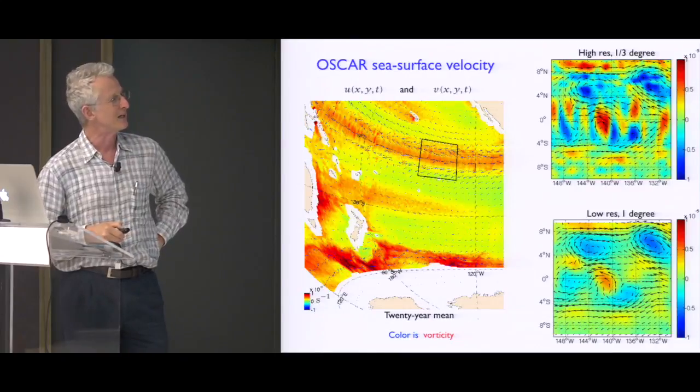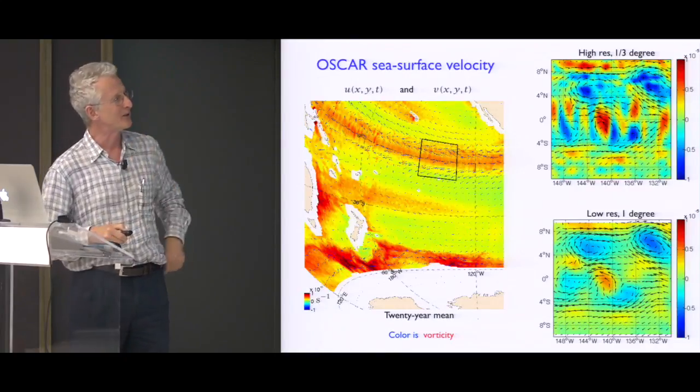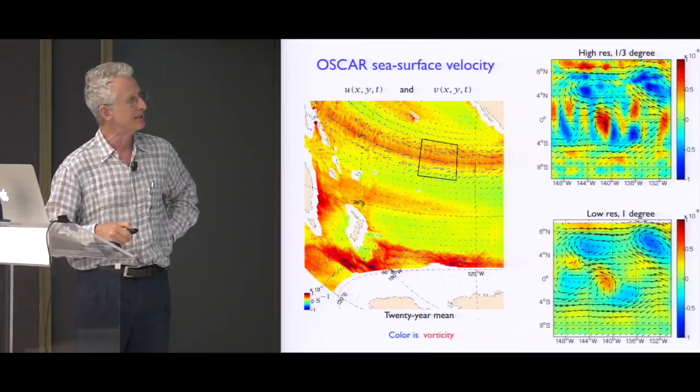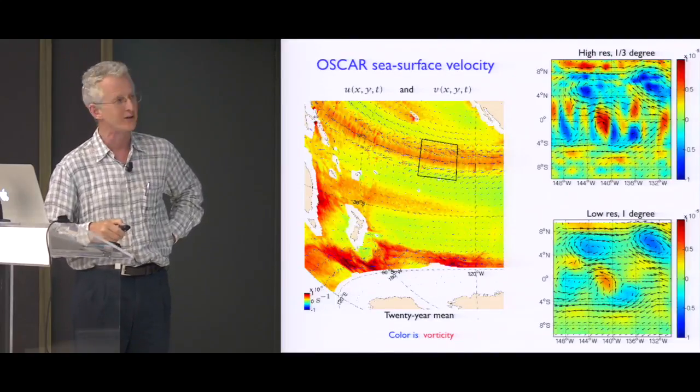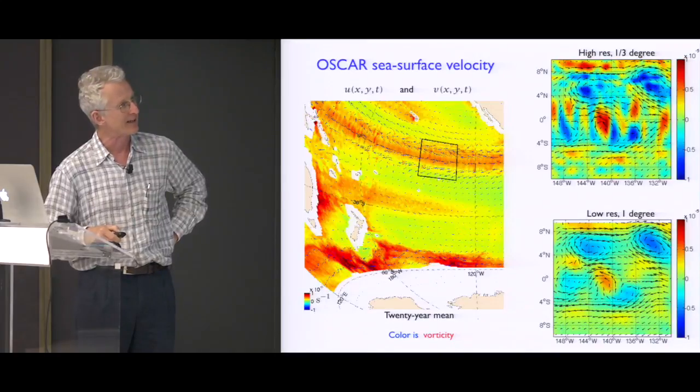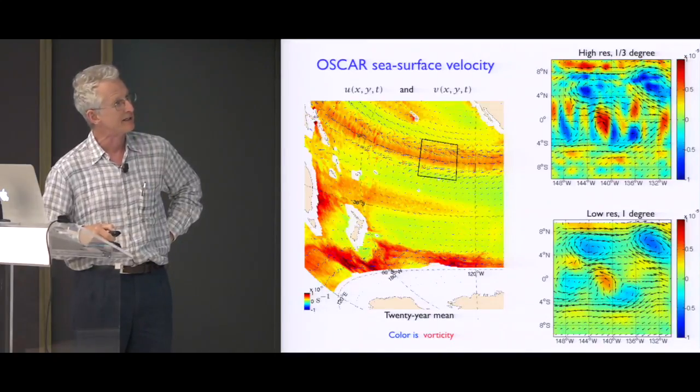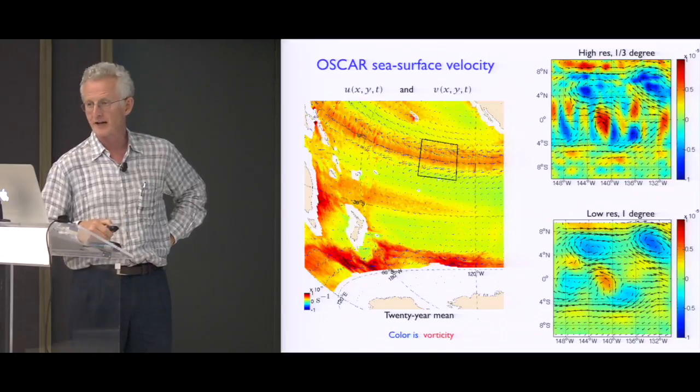It provides you with an estimate of surface currents in the ocean at high resolution, which is 1/3 of a degree, in other words, a little vector which is the surface current in a domain 1/3 of a degree on a side. I think you get a product like that once every 5 days.